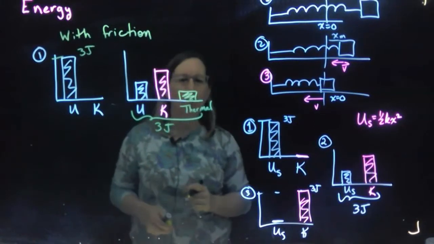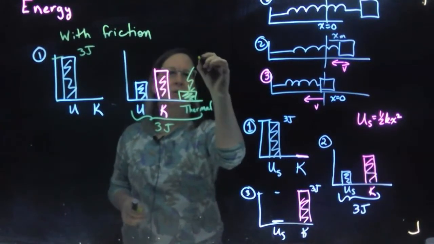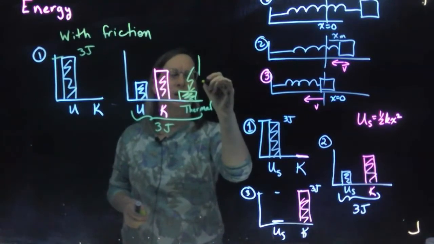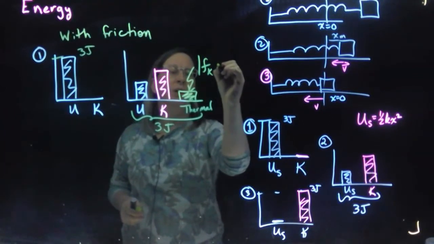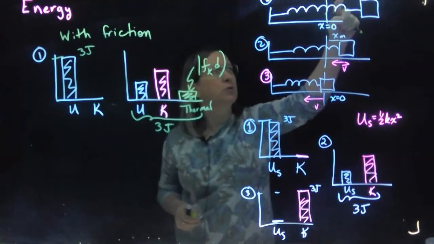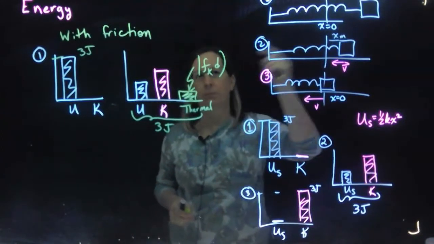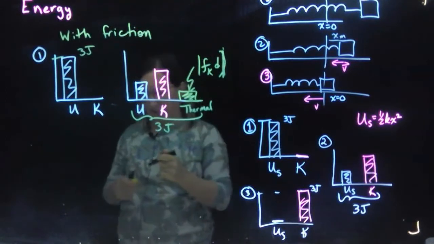We can figure out this thermal energy by saying this quantity as a positive quantity would just be the absolute value of our friction force times whatever distance we went. In this case, it would be the difference between x and x sub n. Okay, so we can still add it up.